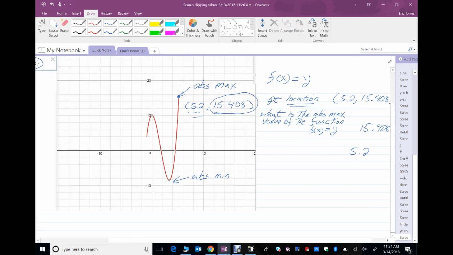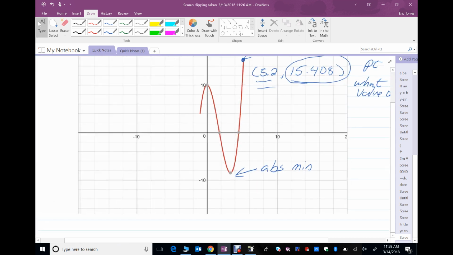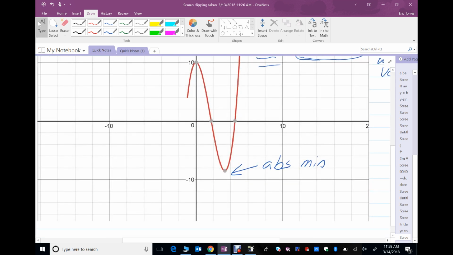Now, let's talk about that absolute minimum. Okay, so in this case, it's not so easy to get this absolute minimum value from the function. I didn't give you that point, but we know it's going to happen where if I was to draw a tangent line, that tangent line's slope was 0, or the derivative of the function goes to 0 at that point.